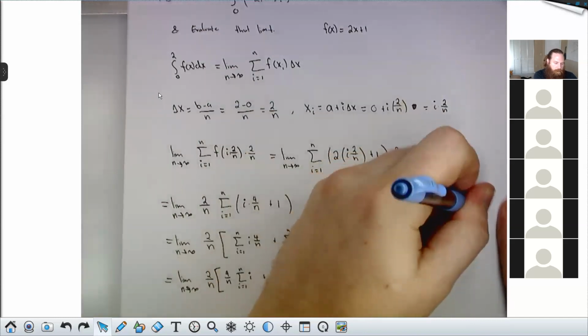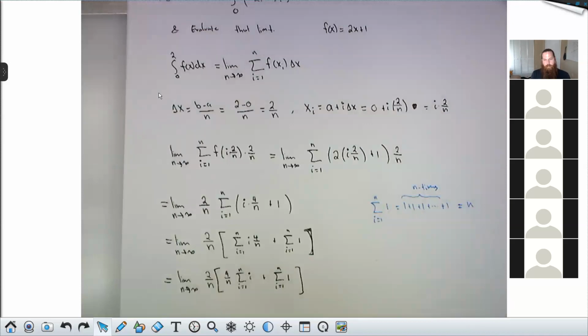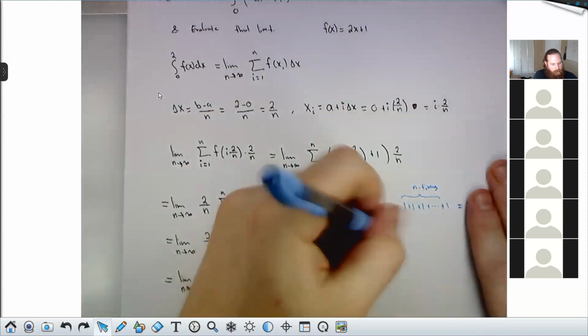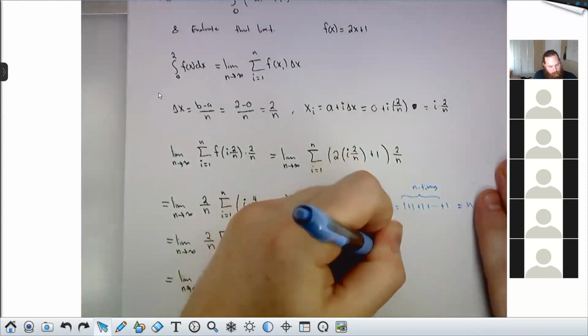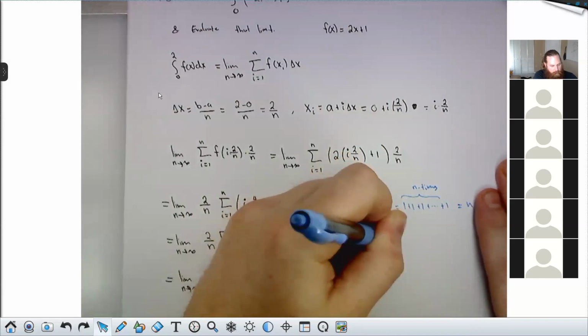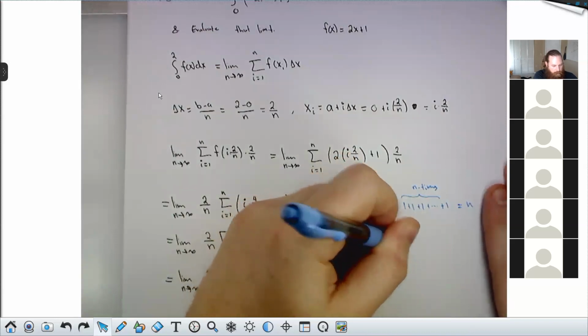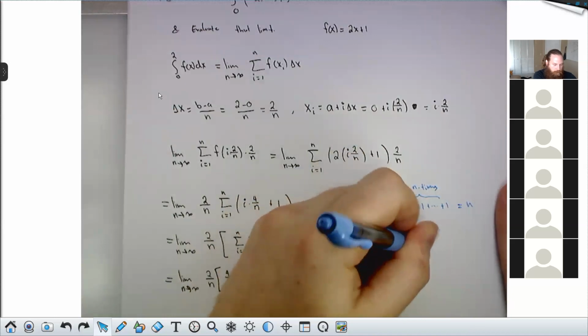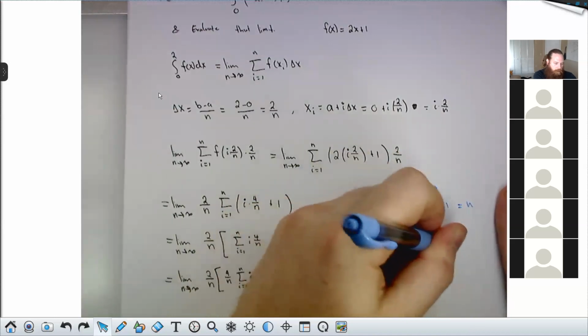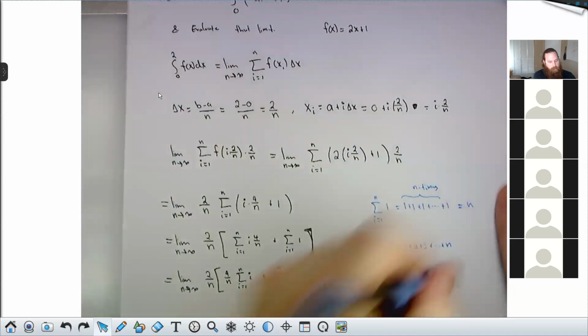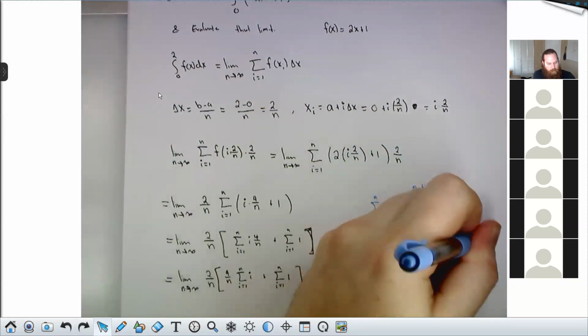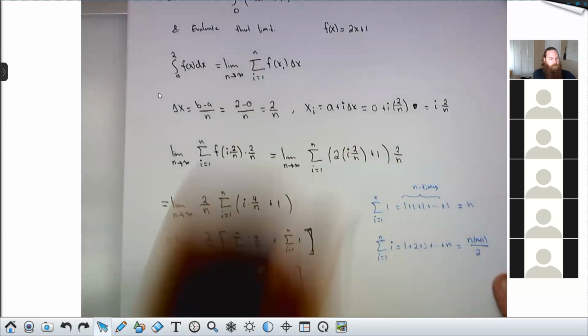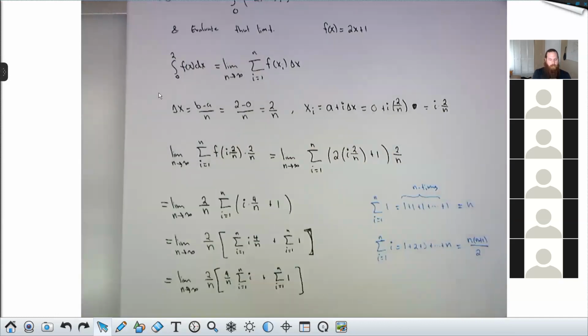So this is equal to n, right? It's just 1 times n. And then there's the summation formula that I gave you, sum from i equals 1 to n of i itself. This is 1 plus 2 plus 3 out to n. This is n times n plus 1 over 2. So that first formula I can use here, that second formula I can use here.